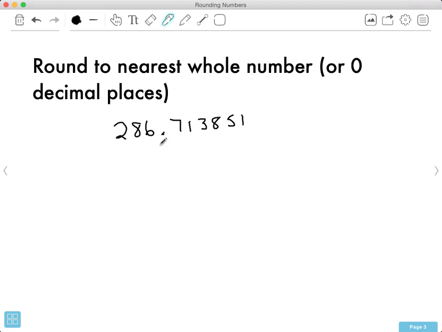We just want this number. So your imaginary line actually goes right on top of where the decimal point is. The rule is the same though. If the number past this imaginary line is 5 or higher, we're going to round up, which is the case here. If it's 4 or lower, we're going to leave this alone. It's 5 or higher, so rounding 286.713851 to the nearest whole number would give us 287.